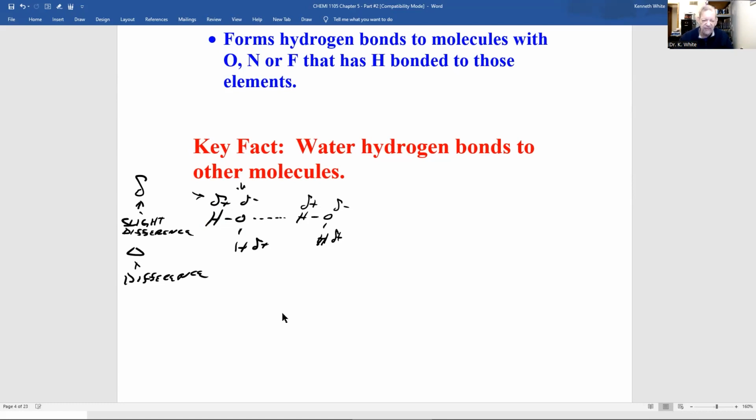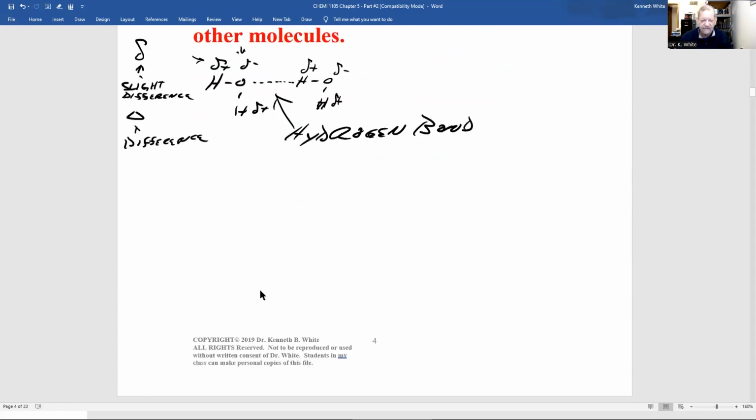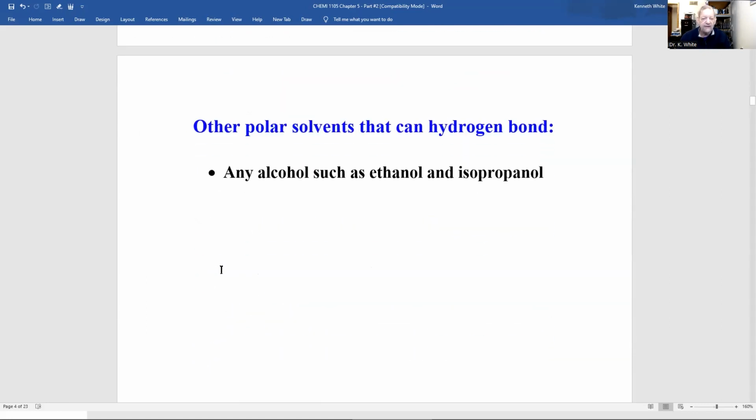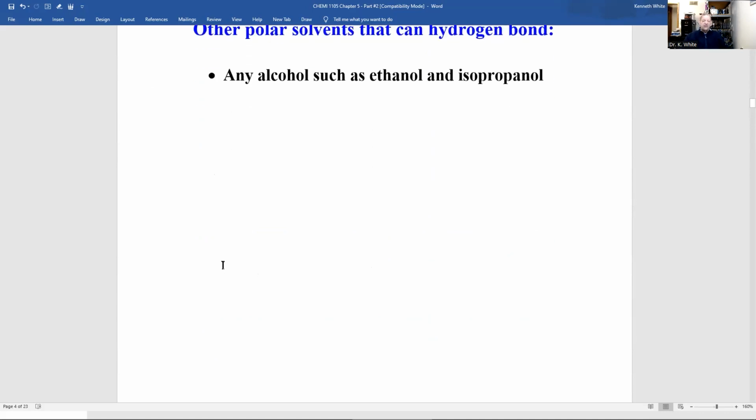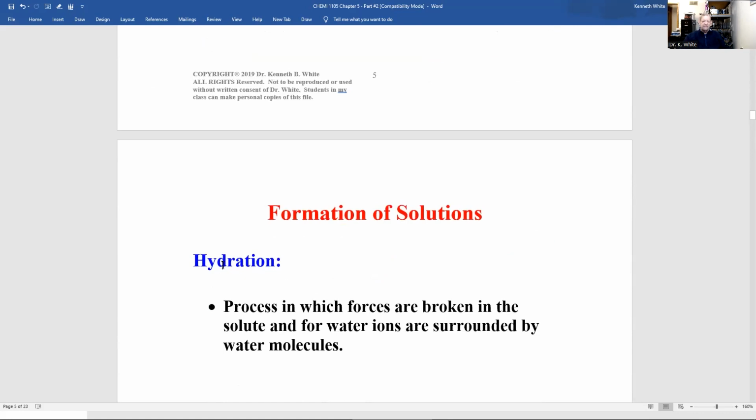Opposites attract, and that's your hydrogen bond, and you should know that. It's not a true chemical bond, but because of hydrogen bonding, water is a liquid at room temperature. Molecules with similar molecular weights that don't hydrogen bond are all gas. Alcohol is another example, ethanol, isopropanol. We'll learn more about that later in the semester.